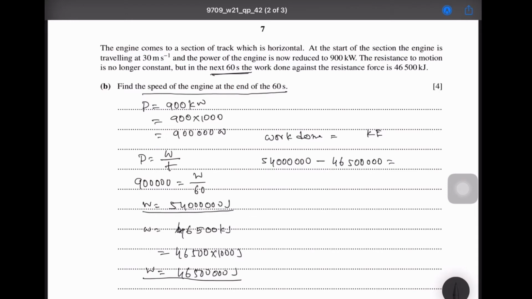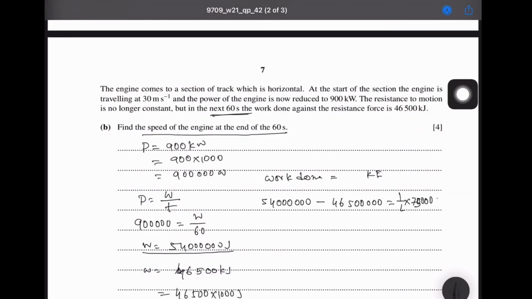That means half m, here 75,000, v square minus half 75,000 into u square. Initial speed is 30 square.